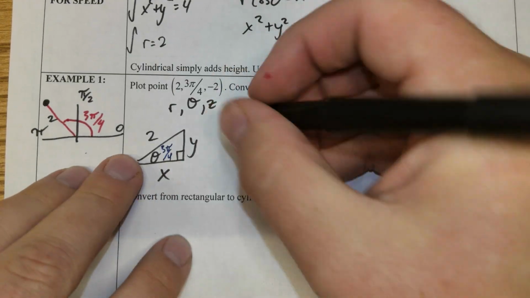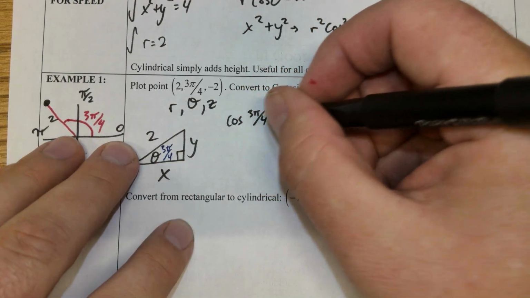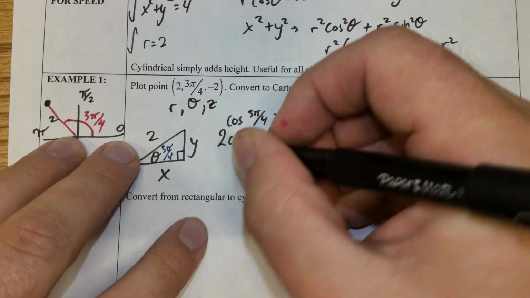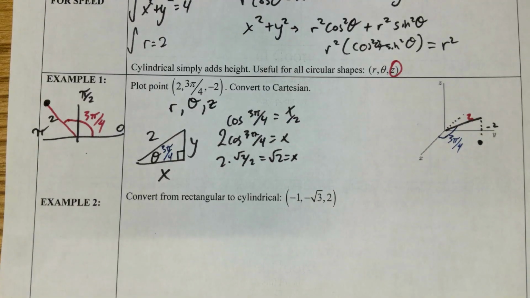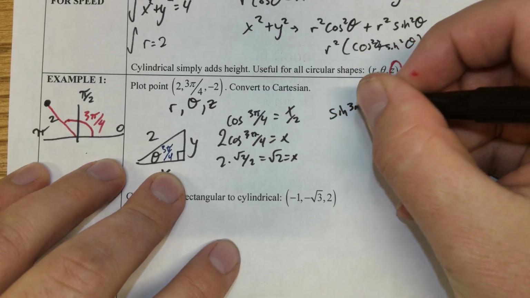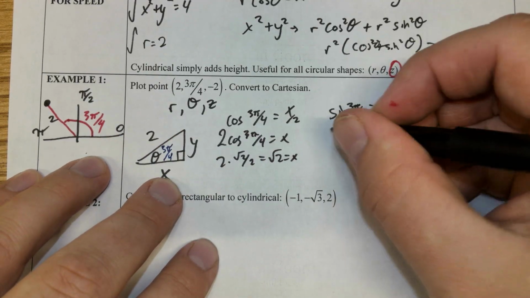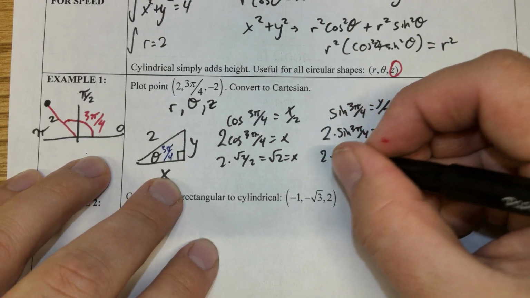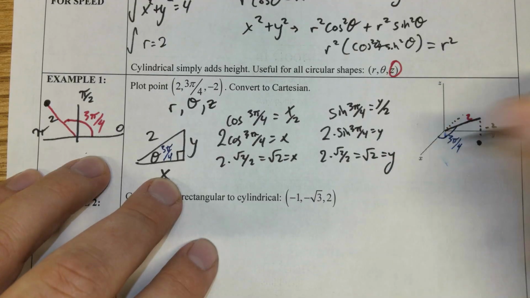So again, the cosine of 3 pi over 4 is x over 2, or 2 times cosine 3 pi over 4 is x. 2 times rad 2 over 2 is rad 2, which is x. And repeat the same thing for y. Sine of 3 pi over 4 is opposite over hypotenuse, y over 2. 2 times sine 3 pi over 4 is y. That's 2 times rad 2 over 2, which is rad 2, is y.